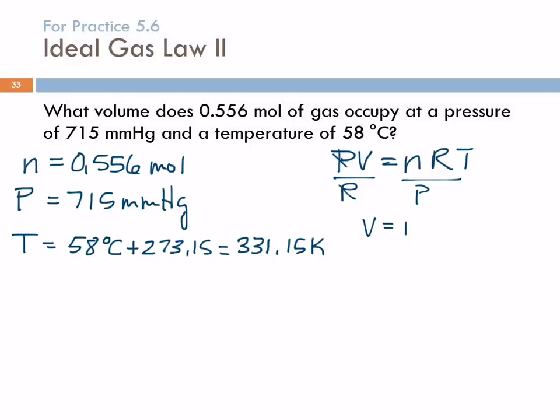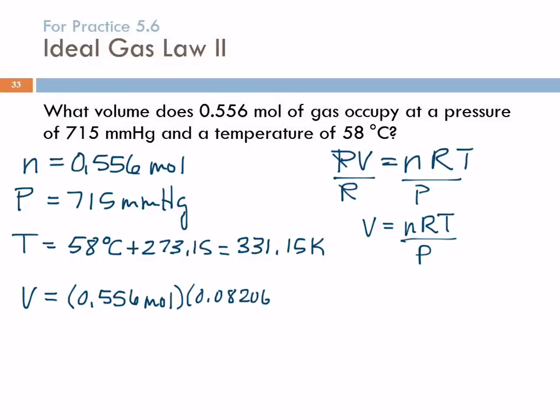Volume is equal to nRT over P. So I'm going to come over here and plug in these numbers. n is 0.556 moles. R is 0.08206 liter atmospheres per mole Kelvin.